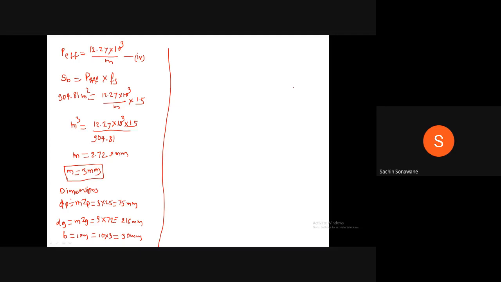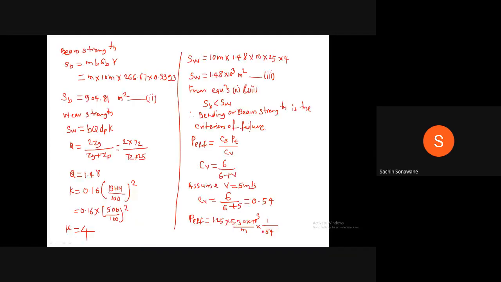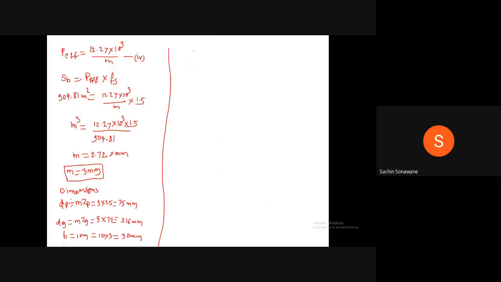Okay, we'll go for the check for design. Now calculate Pt again, Pt from equation 1.